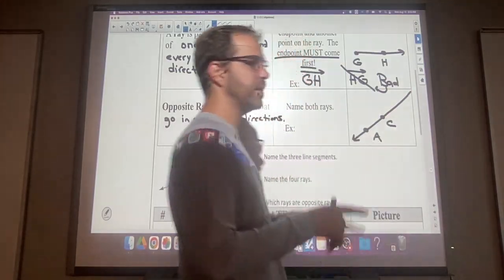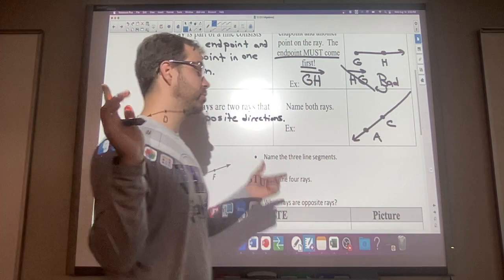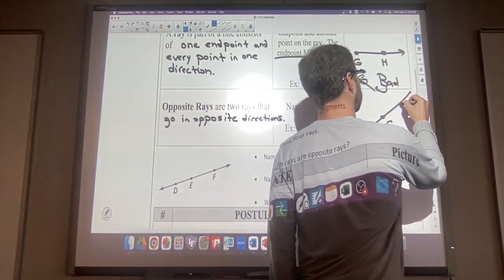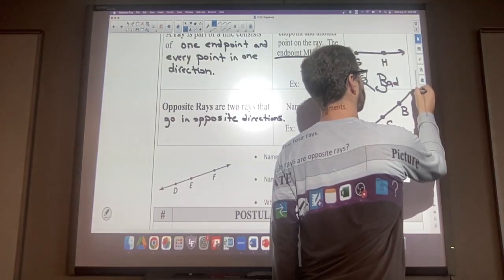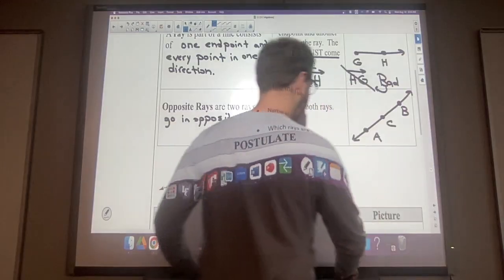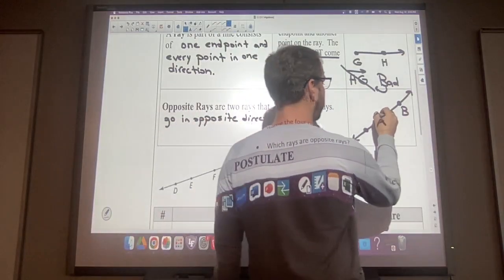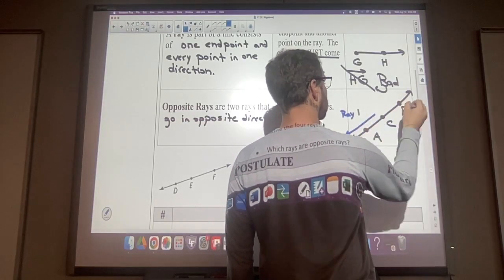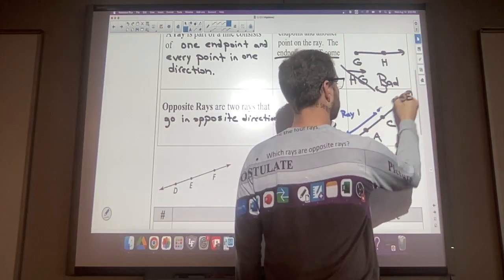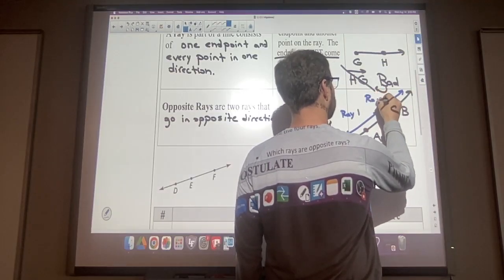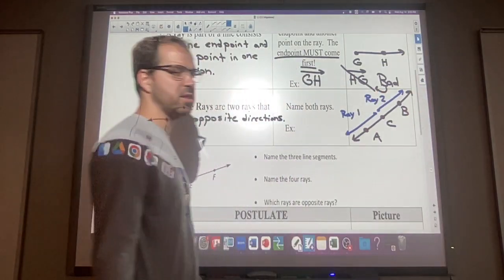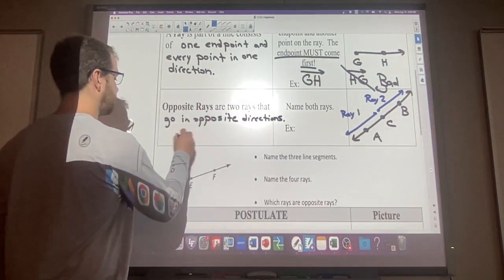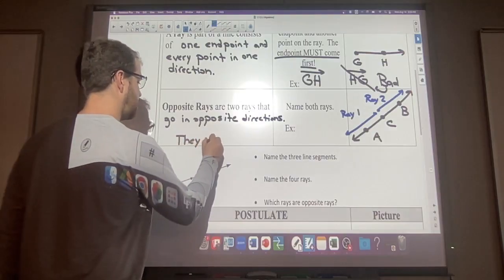Now they're opposite because they go in exactly the opposite direction, so if you put them together, they make a line. In this other direction, let's call this point B. We have another ray. This is ray 1 and this is ray 2. Together they make a line. Opposite rays make a line.